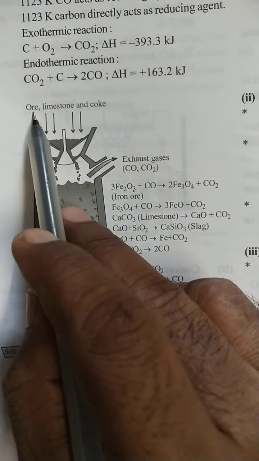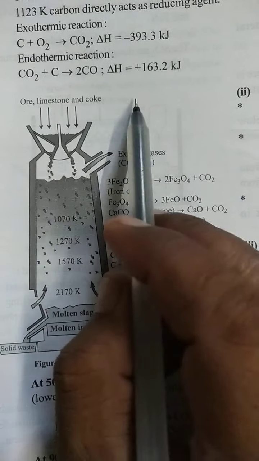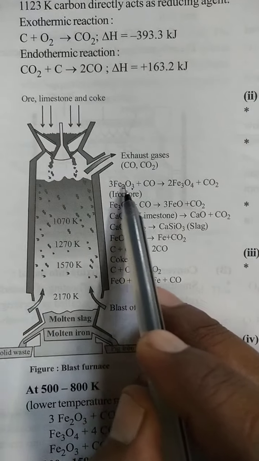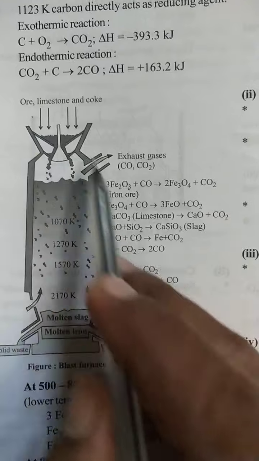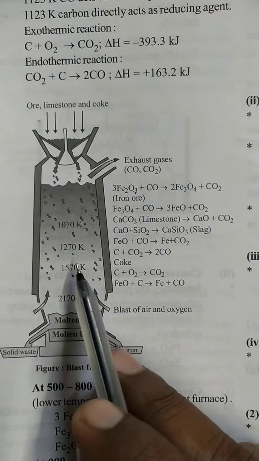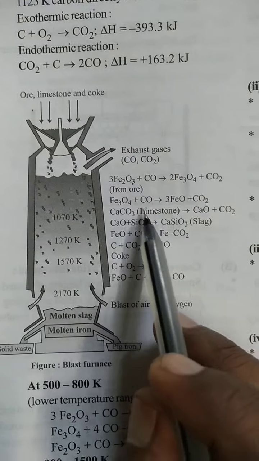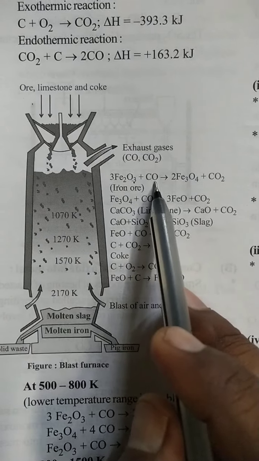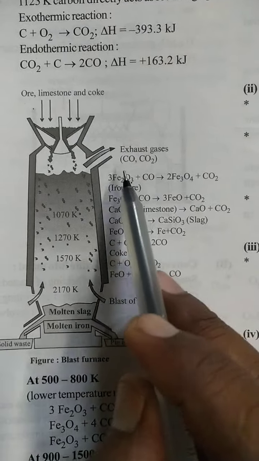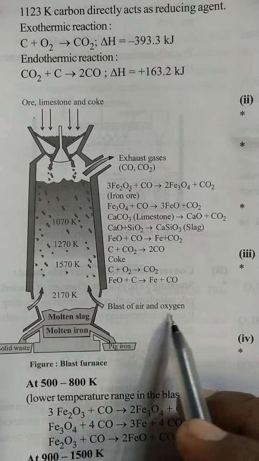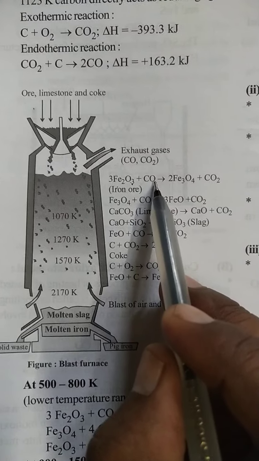Iron ore plus limestone and coke. The oxygen that is sent reacts with coke and forms carbon monoxide. So from this mixture, carbon reacted with hot oxygen, and carbon monoxide is formed.